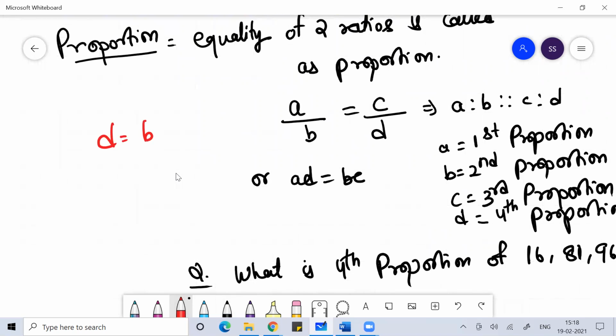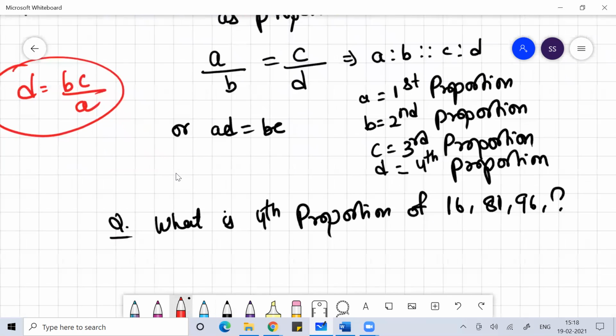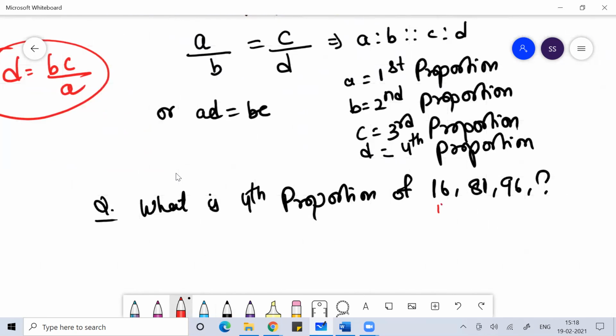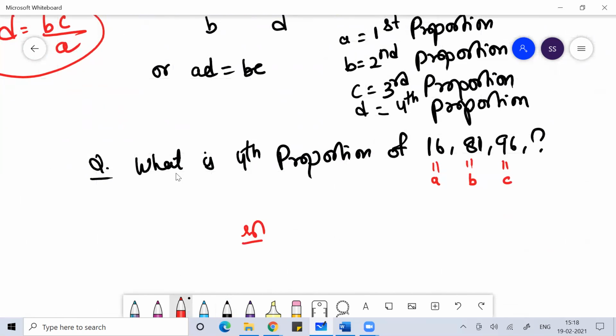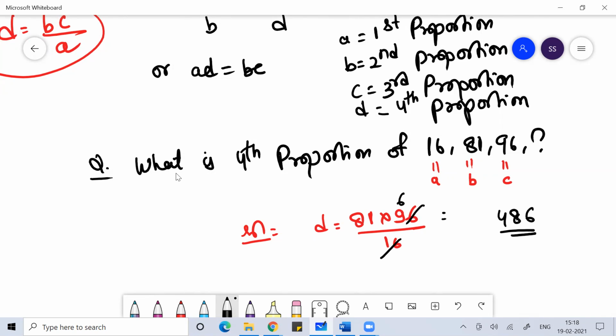So you have to use the formula D is equal to BC by A. The fourth proportion of this: this would be your A, this would be your B, this would be your C, and you have to find D. So D will be 81 into 96 divided by 16. You solve this, 16 sixes are 96, and you get the answer. So that is your answer.